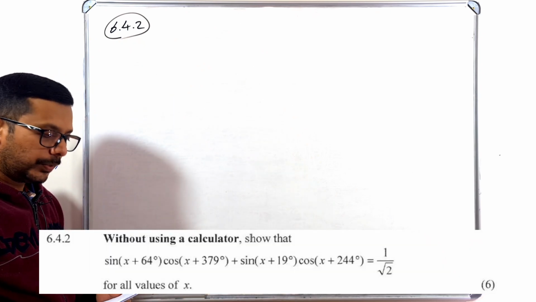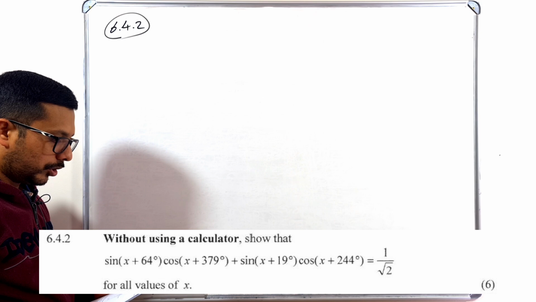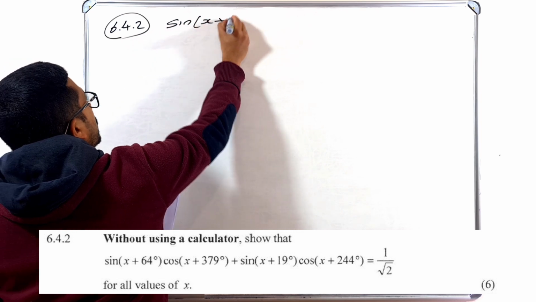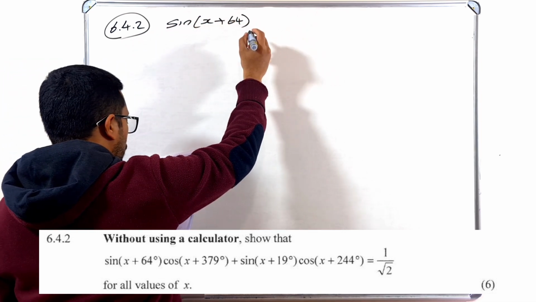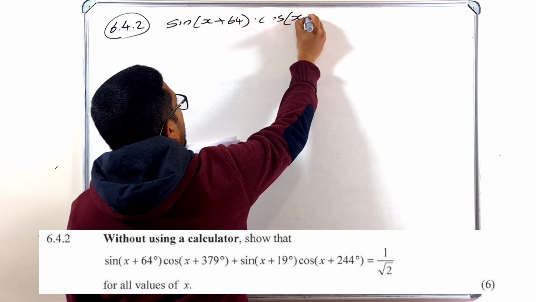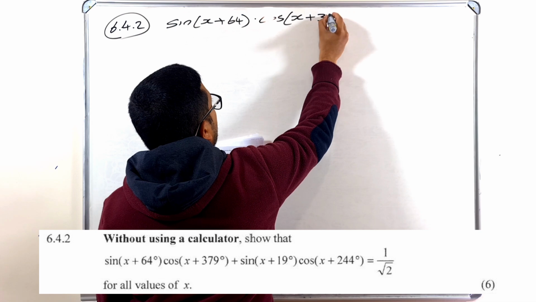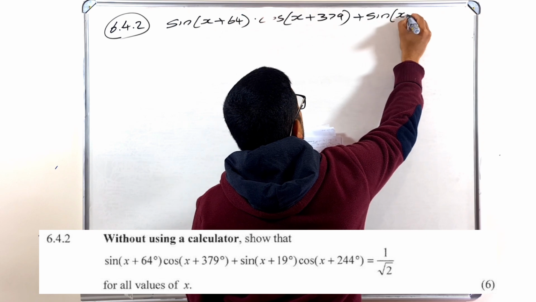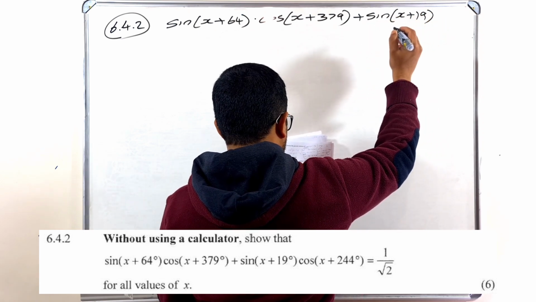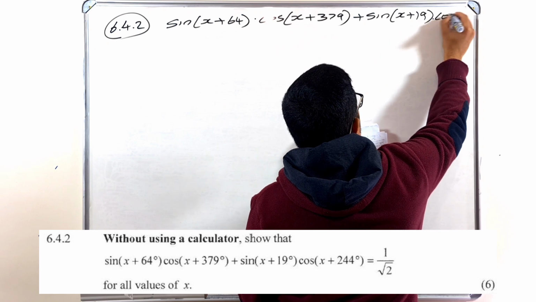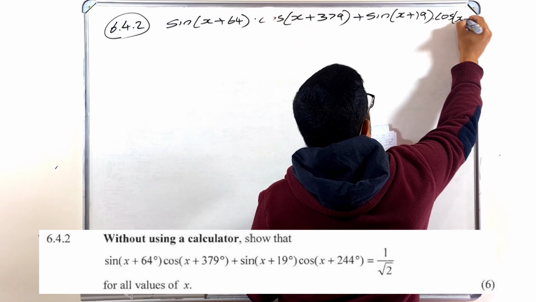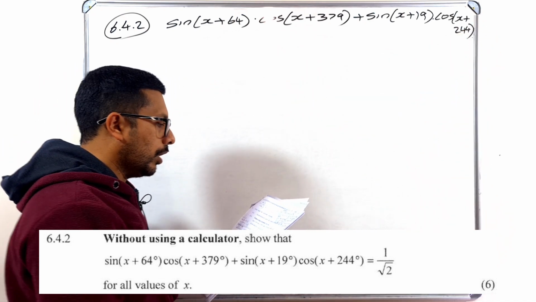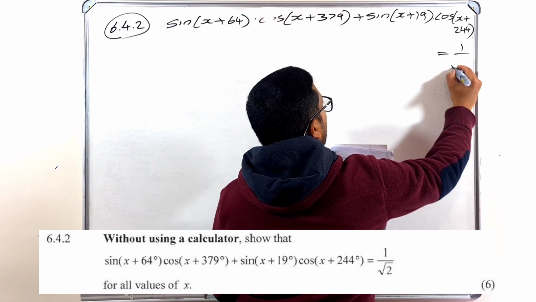Without using a calculator, so it means you are not allowed to use a calculator. Show that sine of x plus 64 into cos of x plus 379, plus sine of x plus 19 into cos of x plus 244, is equal to 1 over root 2.